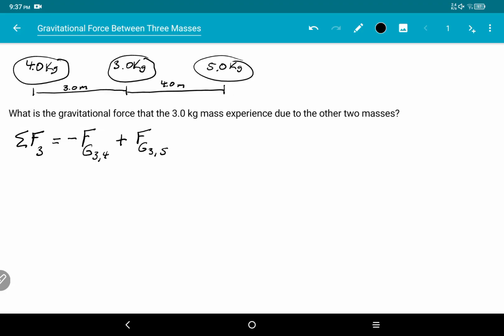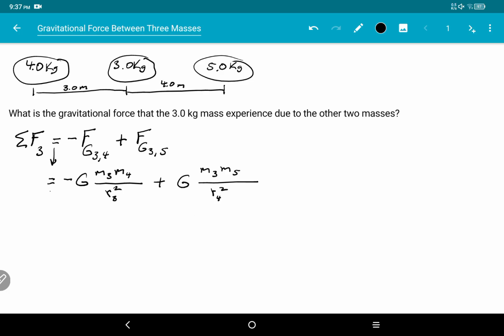Okay, now let's set up our equation. It's going to be minus G, the mass of the 3, the mass of the 4, over the distance, I'm going to call it R3, the 3 meters, squared, plus G, mass of the 3 times the mass of the 5, over, and I'll call it R4 for that distance, squared.